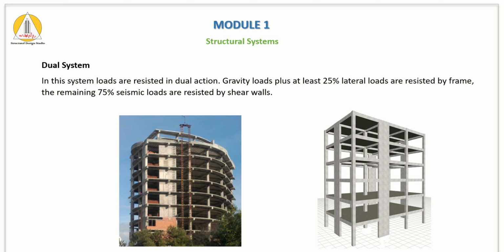And these are the examples for the dual system. It will consist of heavy shear walls, and it will consist of the frame as well. So in this system, you cannot model or design your system in the same model. You have to develop two ETABS models for this system.